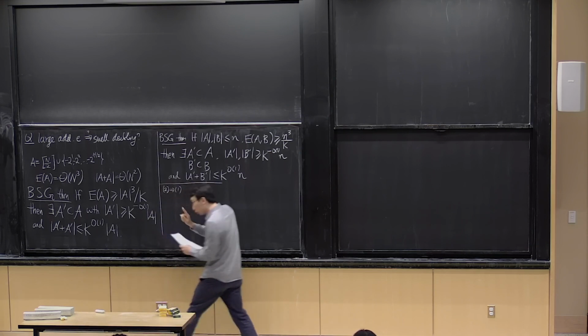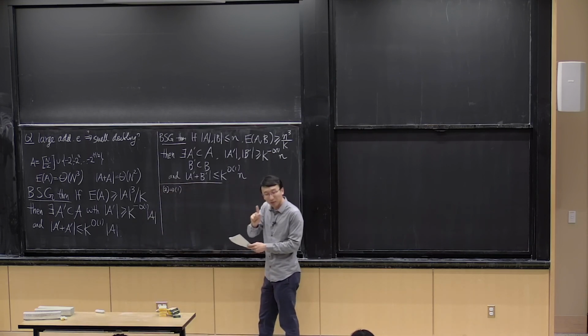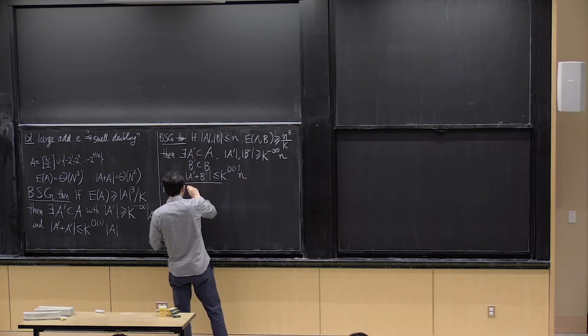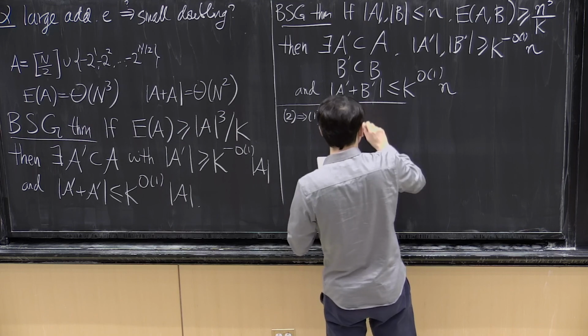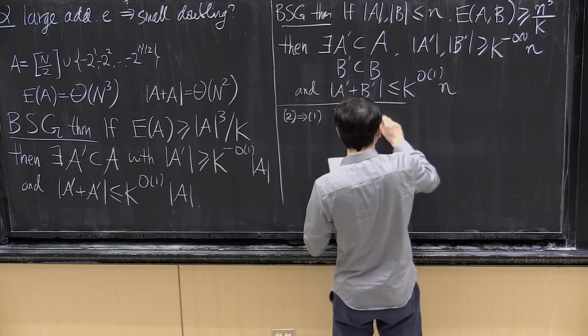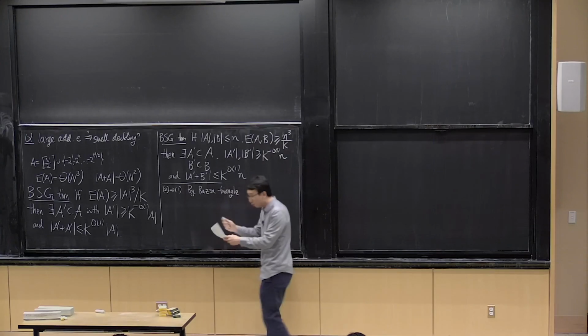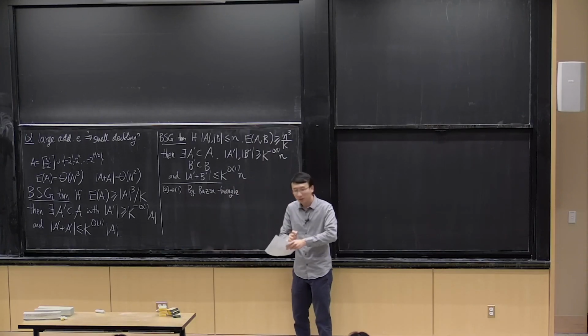Second version implies the first version, because there's a tool that we introduced early on when we discussed Freiman's theorem, and this is the Ruzsa triangle inequality. The spirit of the Ruzsa triangle inequality is that it allows you to go back and forth between different sumsets and different sets.